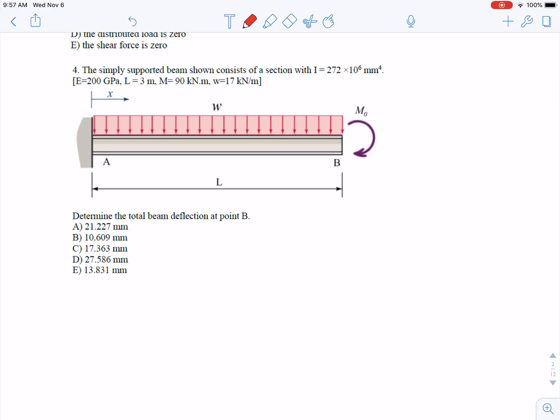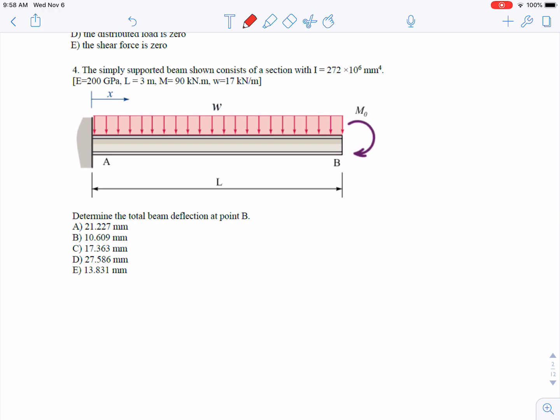Okay, then number 4. It's a calculation problem. The simply supported beam shown consists of a section with I equals a constant that has been given, E is given, L is given, so M and W have all been given. We just need to do this calculation. But before you do this calculation, as we said, we need to unify those units.